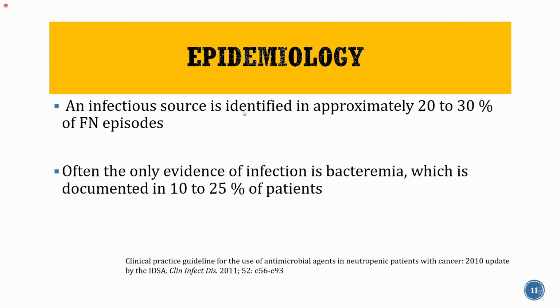The reason in those patients is that when the mucosal barriers are disrupted, a lot of cytokines, leukotrienes and inflammatory mediators are released, which can cause fever. But we cannot say that this fever does not represent infection and we should wait until the culture is back.